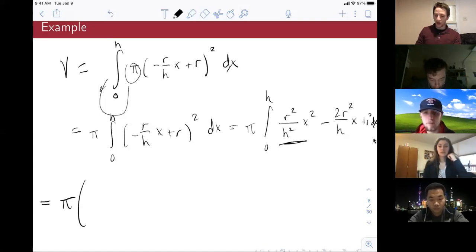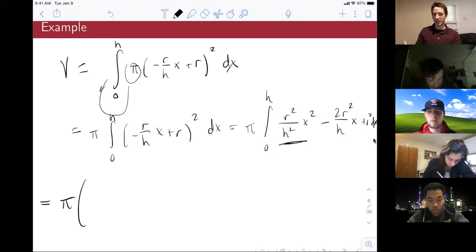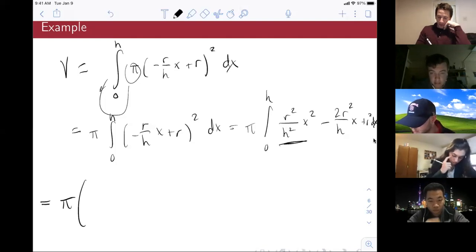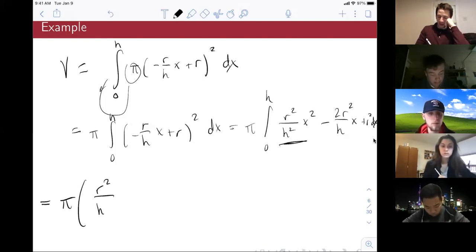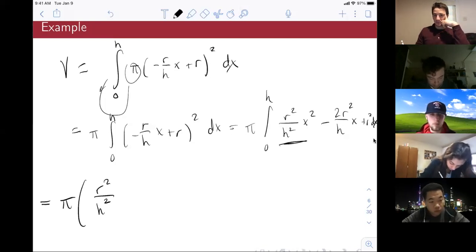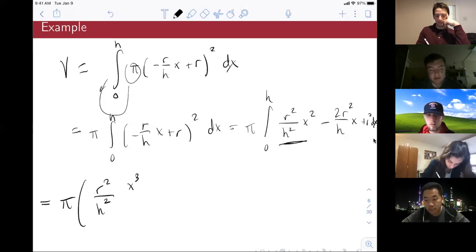When I integrate r squared over h squared times x squared with respect to x, what do I get? Well, like I said, the r squared over h squared is a constant, so that's just going to come along for the ride. What is the integral of x squared with respect to x? x cubed divided by 3. Perfect.